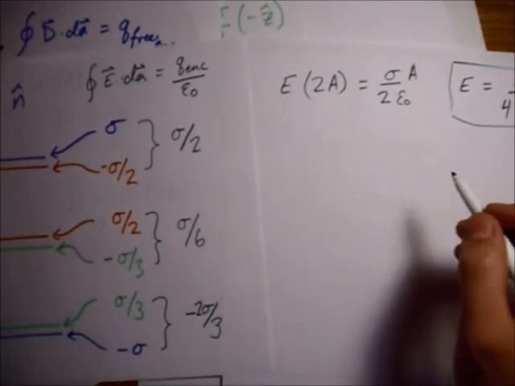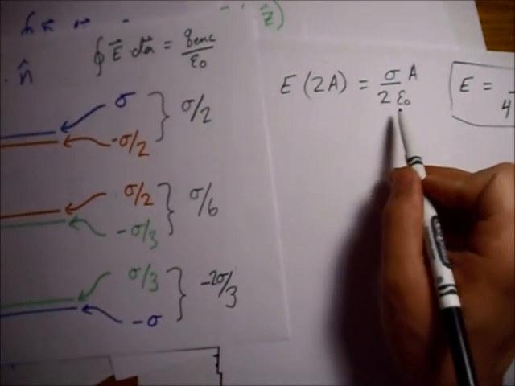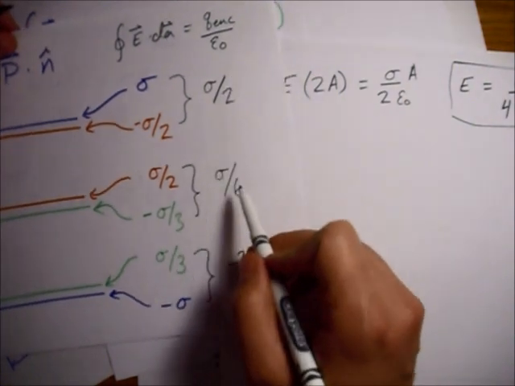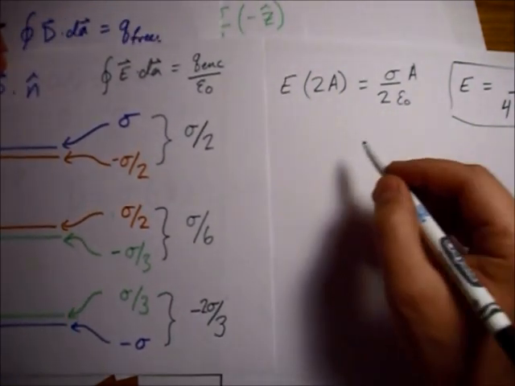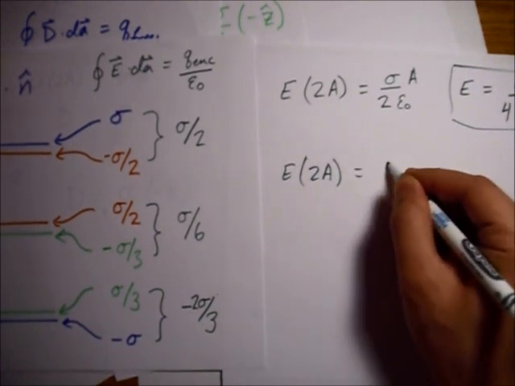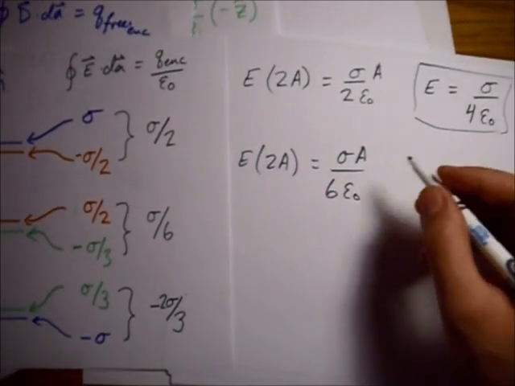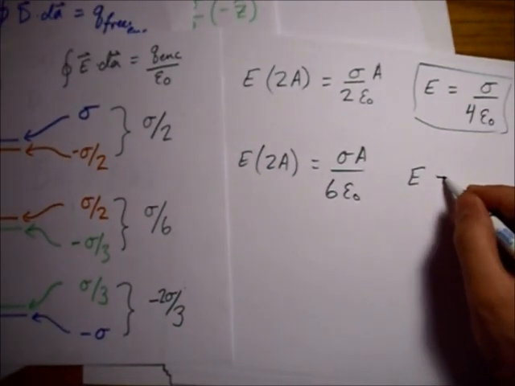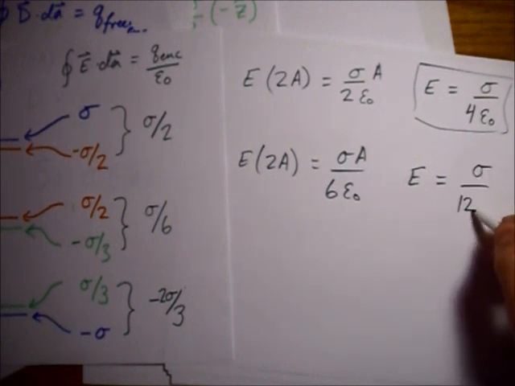On to the second piece. The only difference between these two is here we had a 2, now we'll have a 6. So let's write that out real quick. In other words, we get E equal to sigma over 12 epsilon naught.